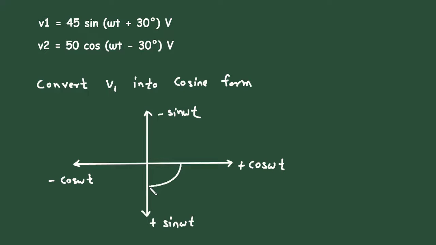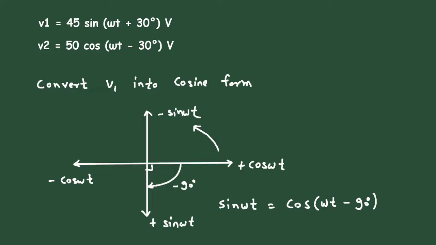So that means we are going from here to here, and this direction is the positive direction of rotation. This angle is 90 degree and from here to here this is minus 90 degree. So sin omega t is equal to cos(omega t minus 90 degree).